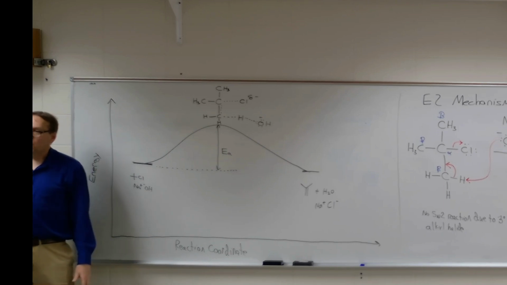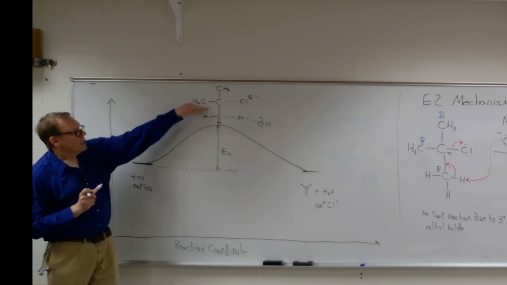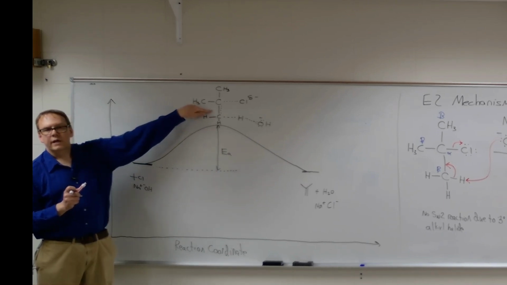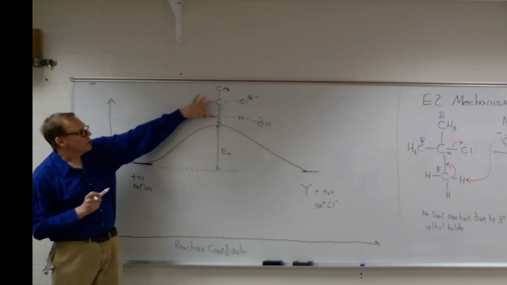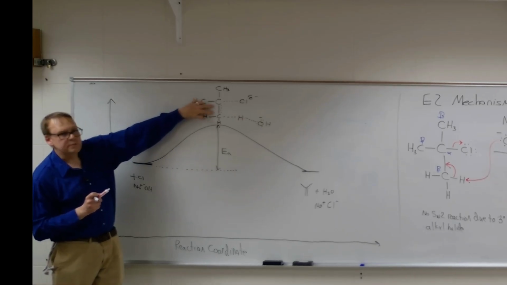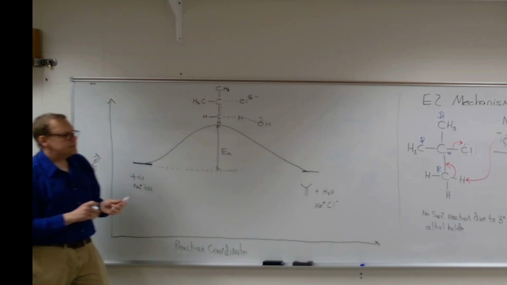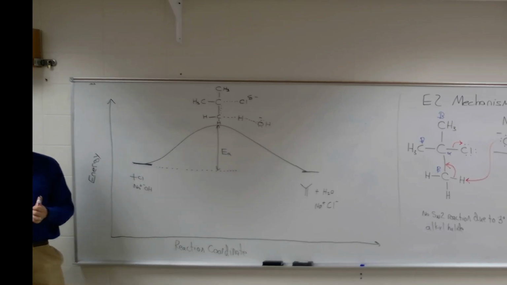But the thing I wanted to point out here is there's double bond character in the transition state here. So this carbon-carbon bond here has got some double bond character. And that's going to be important for understanding why certain types of alkyl halides react faster.